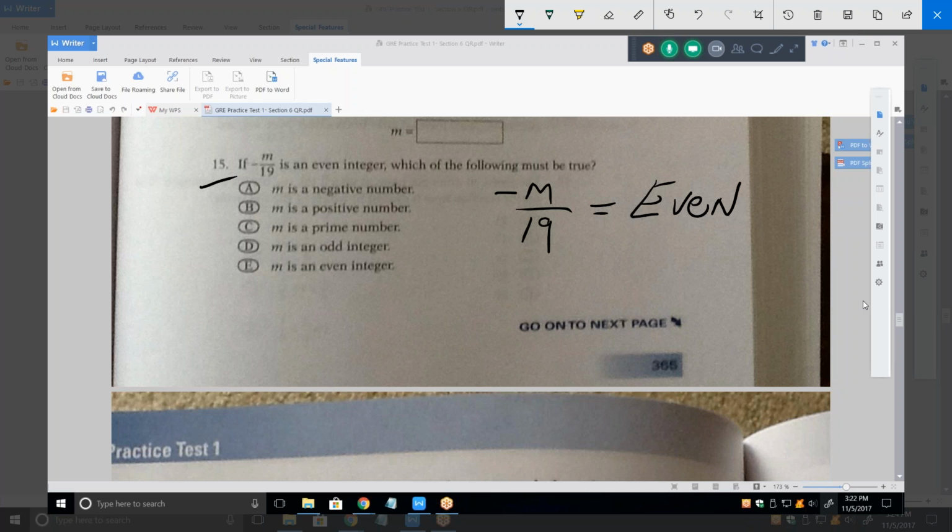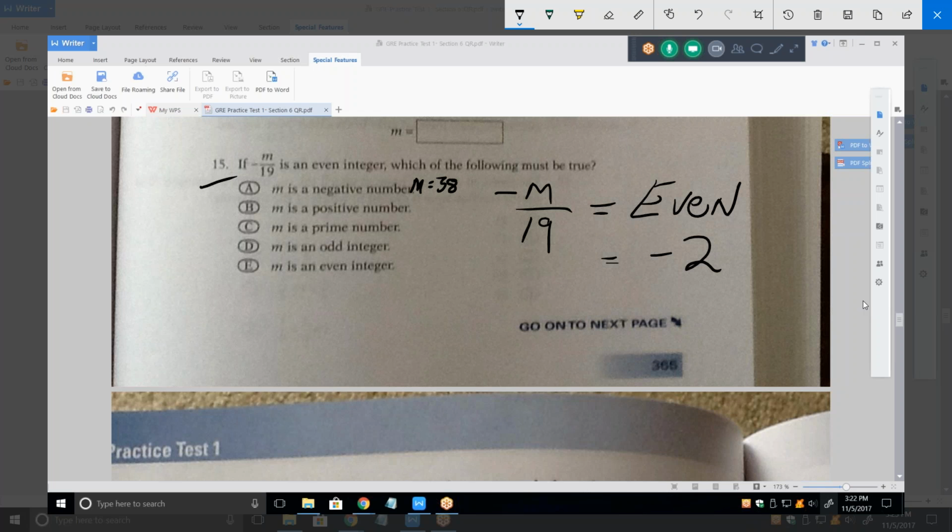How about 38? We're going to let m equal 38. What do I get? Does that mean 19 is negative? No, what it means is that minus m divided by 19 is minus 2, which is an even integer.